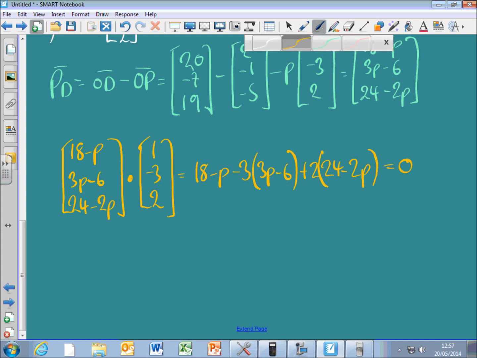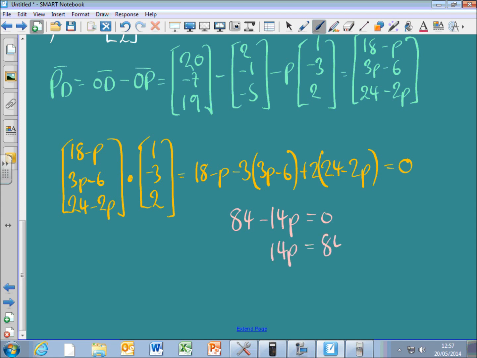So I'll just add all this up. I've got 18 plus 18, so that's going to be 36, plus 2 times 24, so it's 48, plus, which gives me 84. And then put the P's together, I've got minus P, minus 9P, so that's minus 10P, minus 4P. That should all equal 0, so 14P equals 84, and so P has got to be 7.